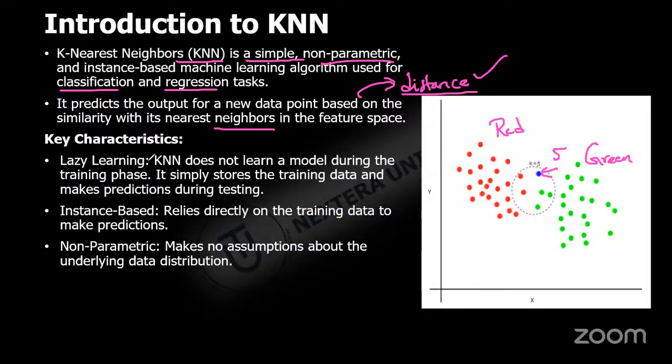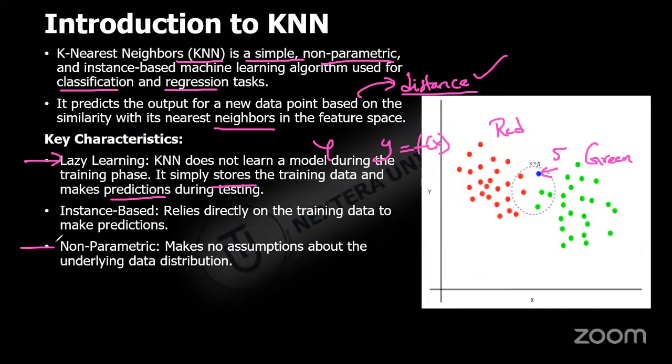Why is it called a lazy learning algorithm? Because, to be honest, KNN does not learn anything during training. When you are training the model, it does not learn anything. It stores the data. The training data gets stored for predictions during testing. That is why it is called a lazy learning algorithm.